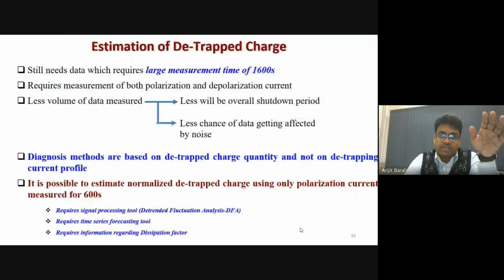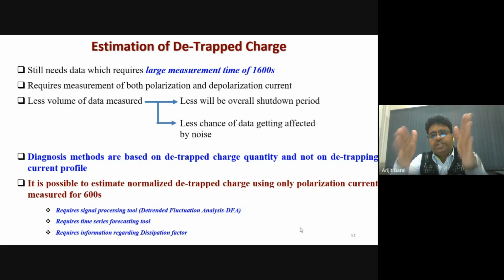But what is important over here is that we have managed to reduce the 20,000 second measurement to a duration of 1600 seconds. That means 800-second polarization current and 800-second depolarization current. So significantly, the duration has been reduced.